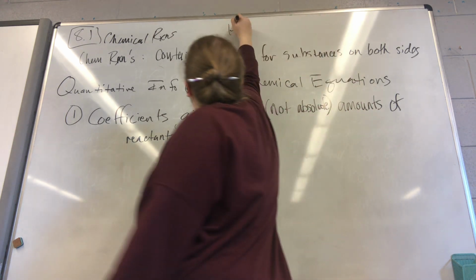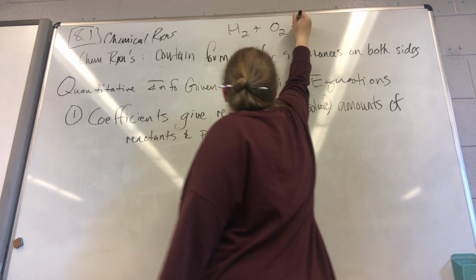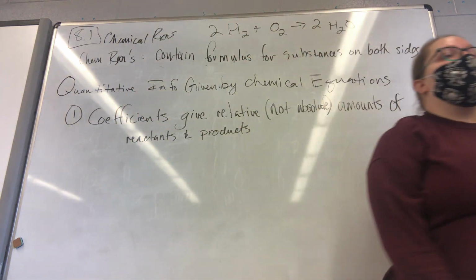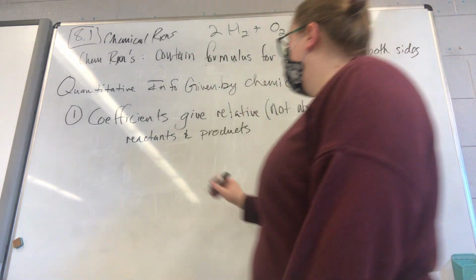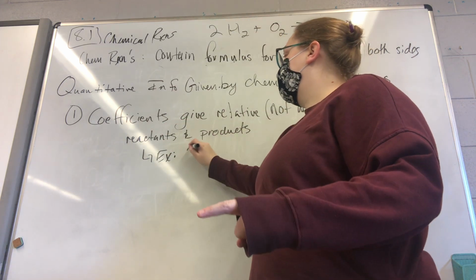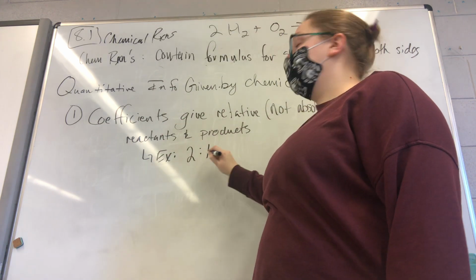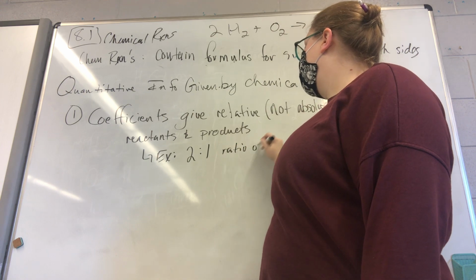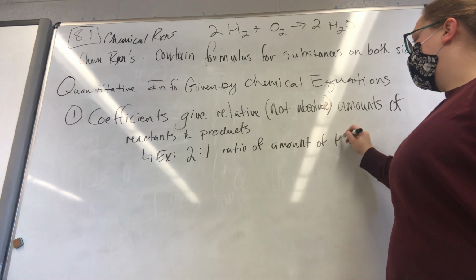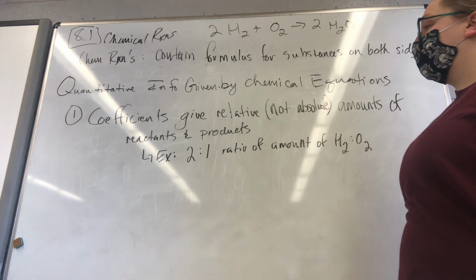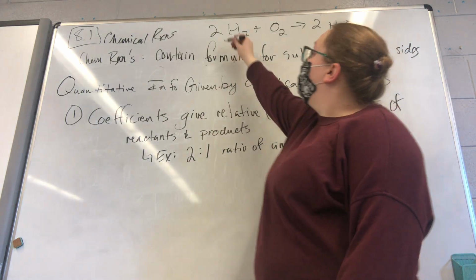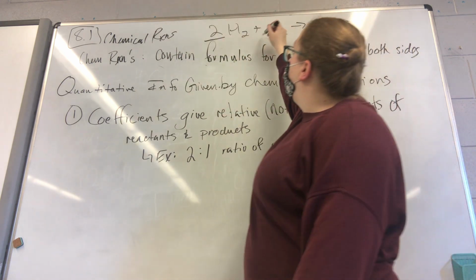we're going to reference this one. In other words, what it tells us is that you need a 2-to-1 ratio of amounts of H2 to O2. 2 being the number in front of the H2, 1 being the number in front of the O2.